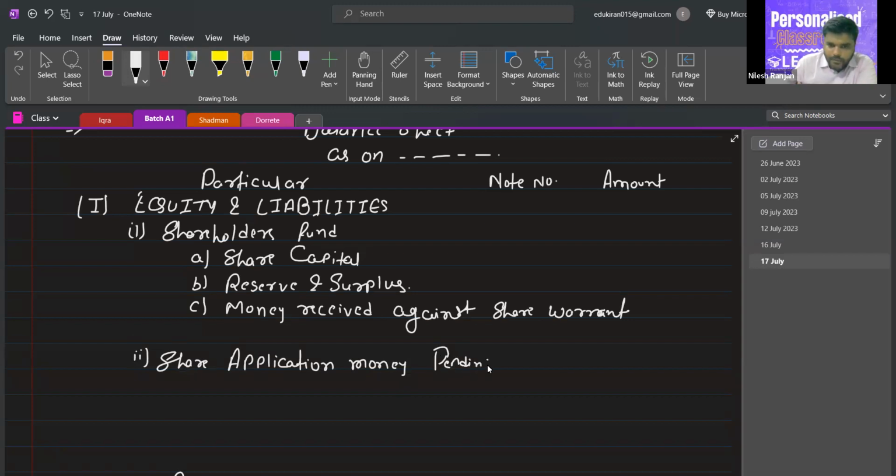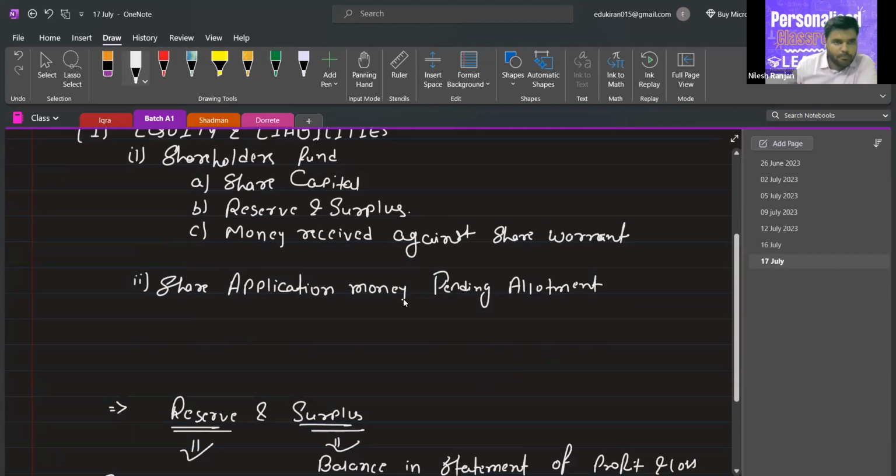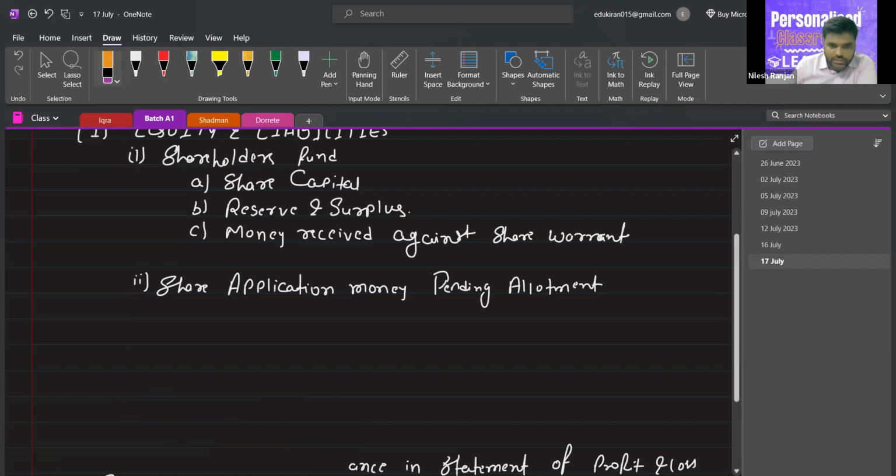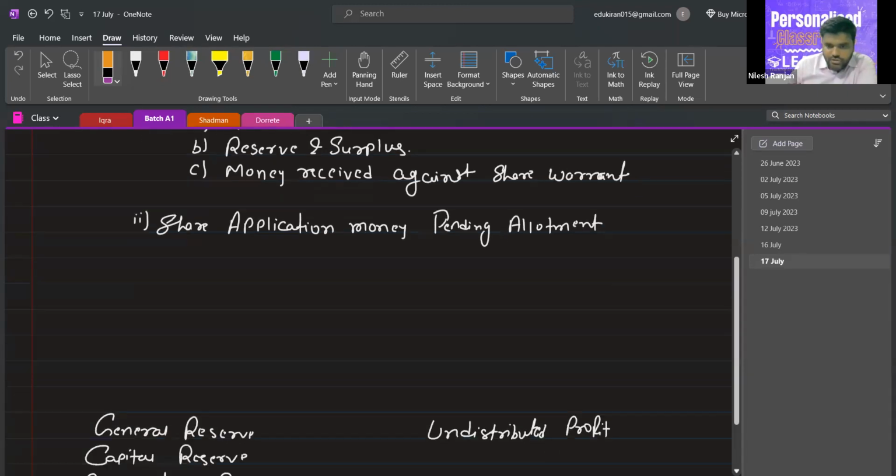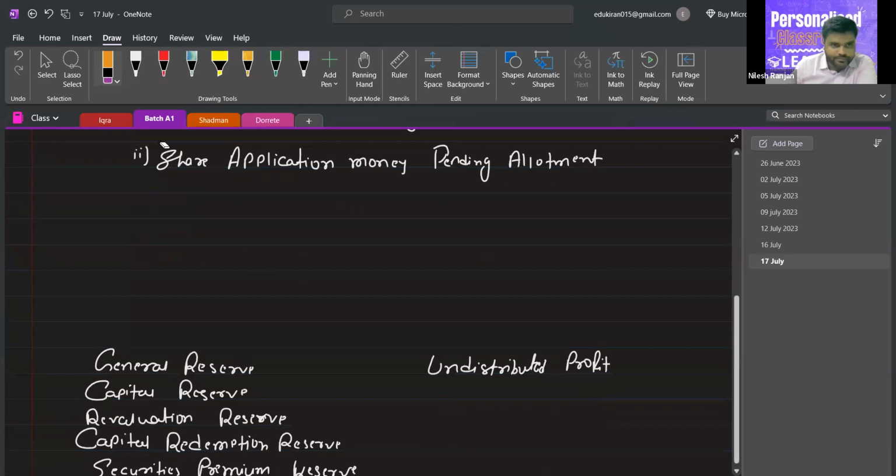So I told you that there are different classifications of share, and when a company demands money from the public, from the shareholders, in installments, there are different installments given, generally four.